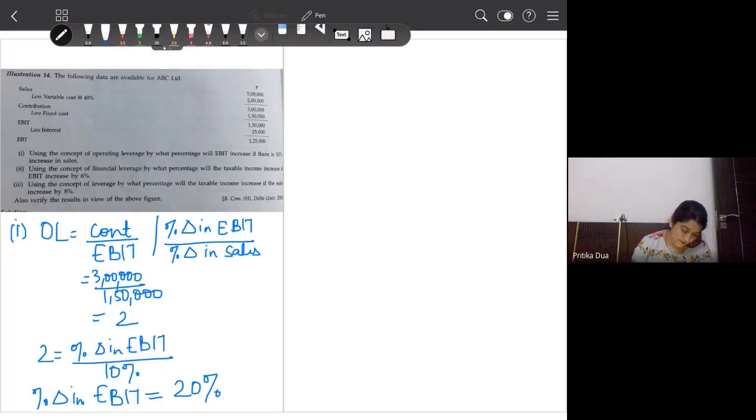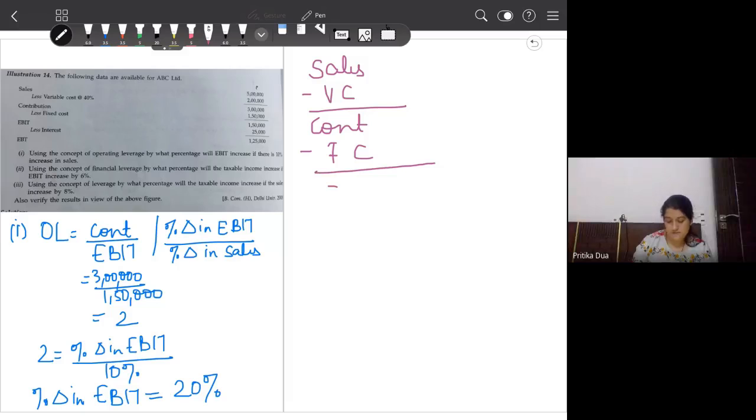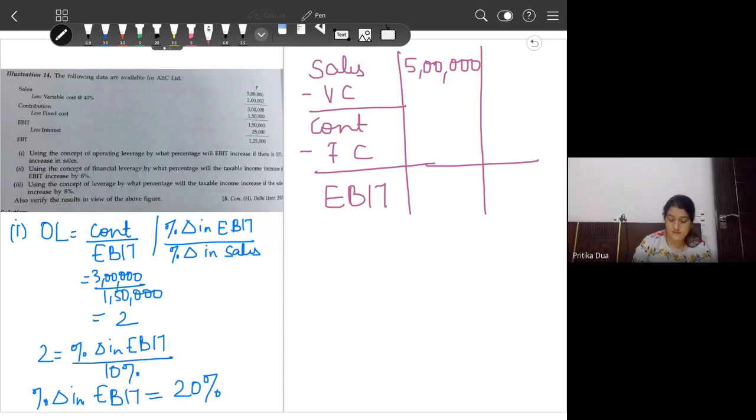So with the original sales, you know, in the first part you take sales as 5 lakh and in the second part you take it as 5 lakh 50,000.